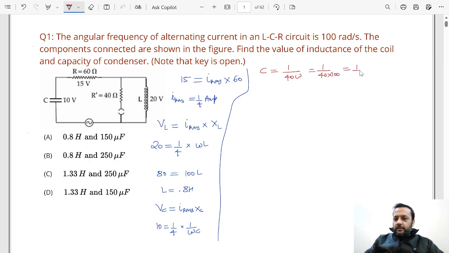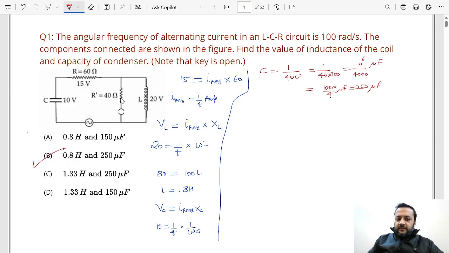That means 1 by 4000 farad. To find the answer in microfarad, multiply by 10 to the power 6, so this becomes 1000 by 4 microfarad, which is effectively 250 microfarad. So the answer will be 0.8 Henry and 250 microfarad.